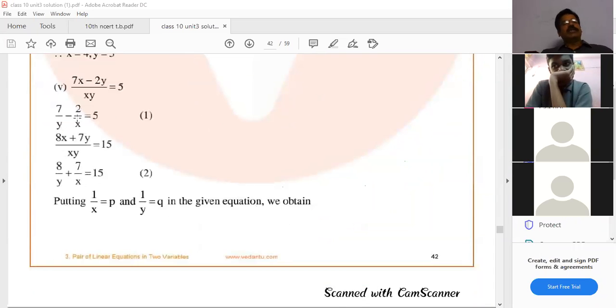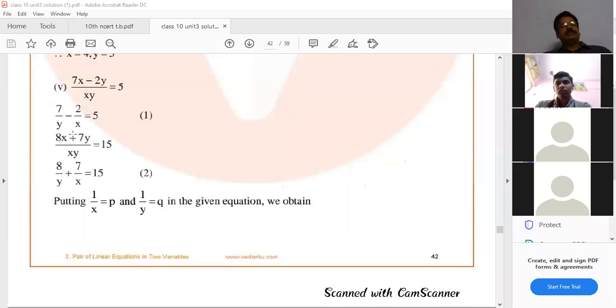Now my two equations are, so one more step, we have to go back. That's why extra splitting. Splitting we did: 7x by xy minus 2y by xy means x cancel, 7 by y, 2y by xy means 2 by x equal to 5. Next, 8x plus 7y by xy equal to 15.